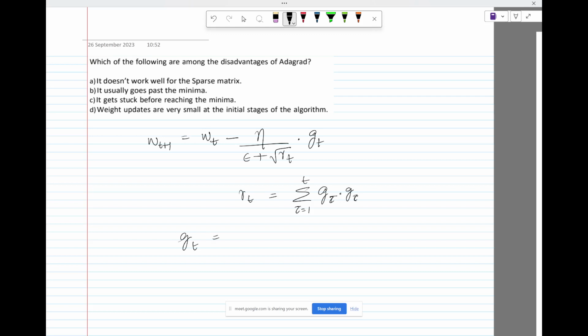G_t is your gradient of that mini batch. Maybe I can just write it.